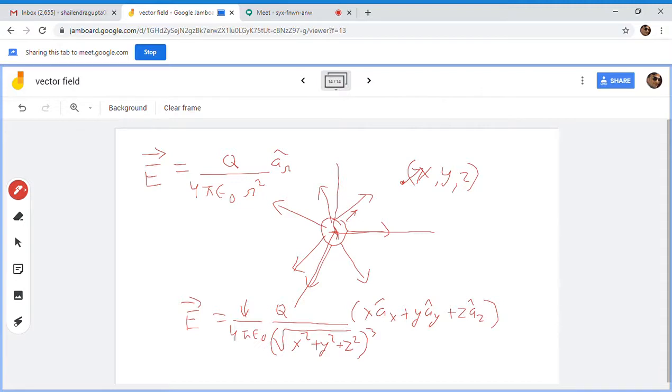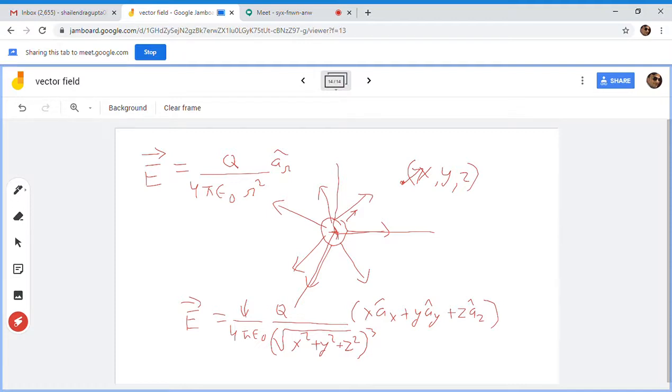So if the electric field is in the radial direction, the spherical coordinate system is much easier to visualize. It directly tells that the electric field is in the radial direction. But in the XYZ coordinate system, it is very tough to visualize the electric field from the equation itself.